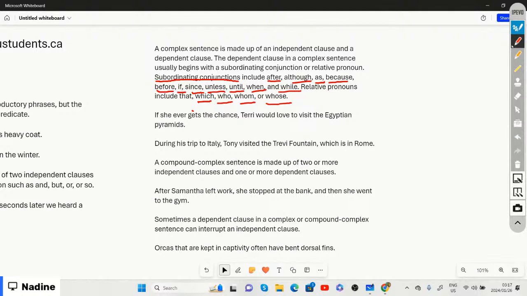So if she ever gets a chance, Terry would love to visit the Egyptian pyramids. This is now an example question based on a complex sentence, right? And we said a complex sentence is made up of an independent clause as well as a dependent clause. And the dependent clause within a complex sentence usually begins with a subordinating conjunction or relative pronoun, which I've underlined.